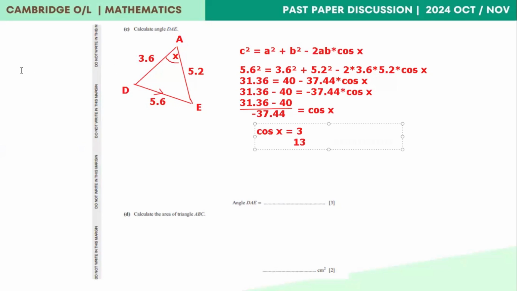So cos x equals 3/13, and x is equal to cos inverse of this whole fraction. I used a fraction to improve the accuracy. So x is cos inverse of 3/13.